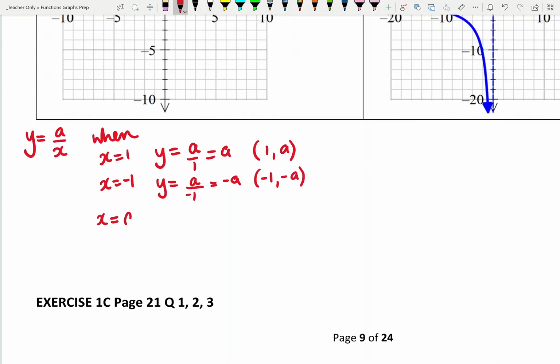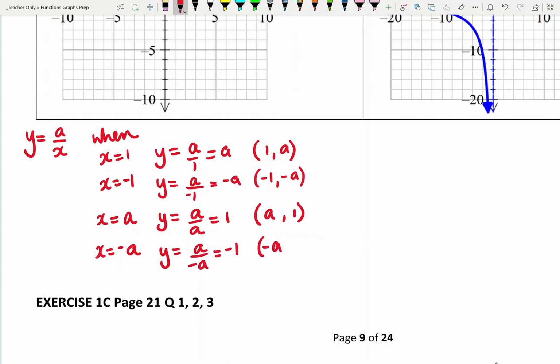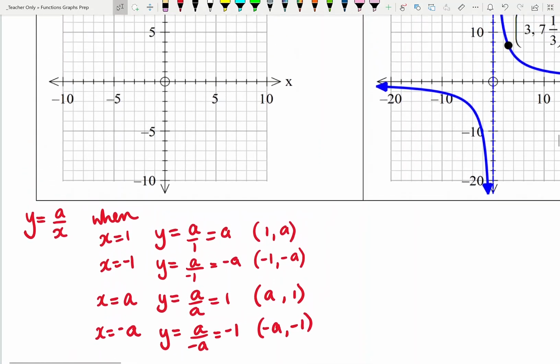When x equals a, y equals a on a, which is 1. So our third critical point is (a, 1), and when x equals negative a, y equals a on negative a, which is negative 1. So there we've got 4 very easy critical points that we can use to plot our reciprocal functions.